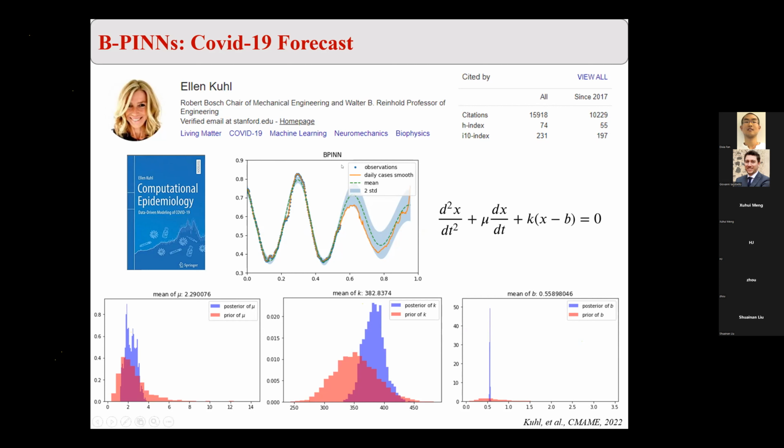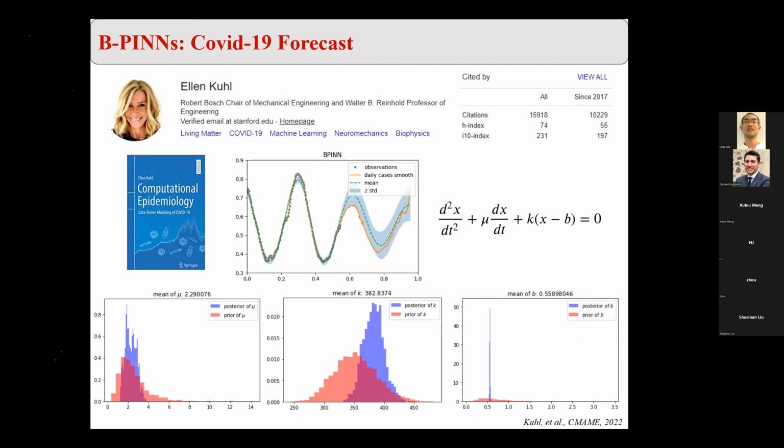So in this case, we use the data from the first 200 days to learn the model, and then we try to predict the new cases in the remaining, say, half a year.